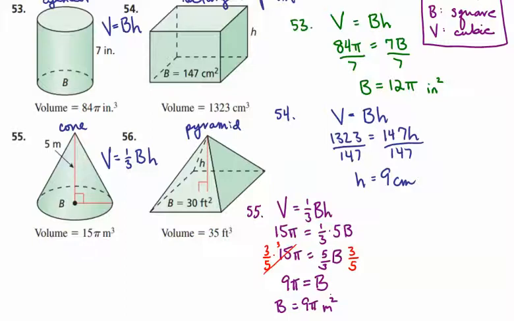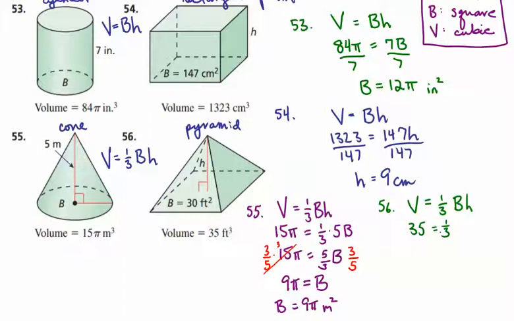All right, we're going to go on to the next problem, which is number 56. For number 56, again, it's a pyramid which uses the formula volume is 1/3 of the area of the base times the height. Here we're given the volume, 35.